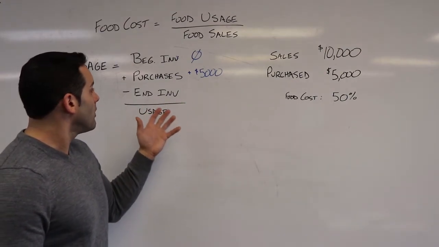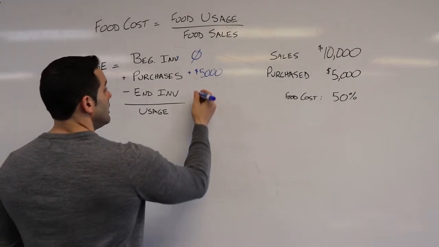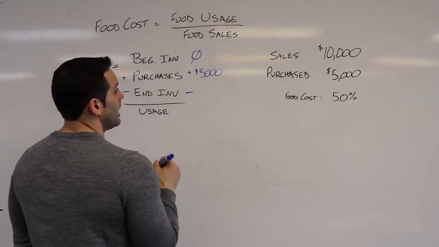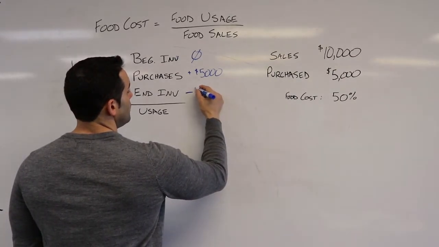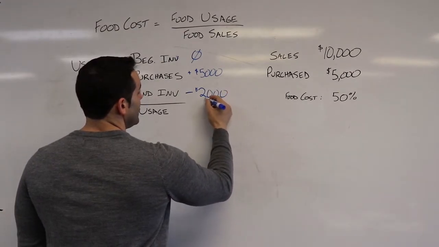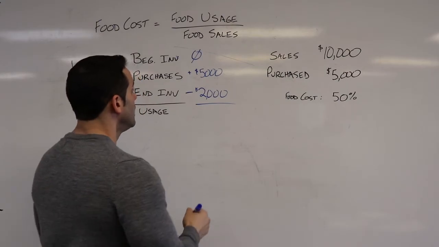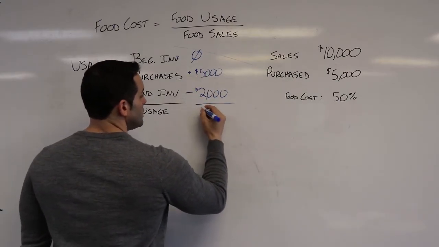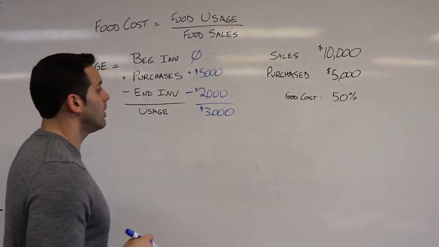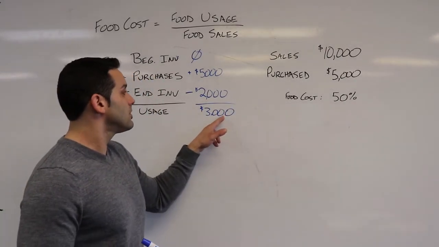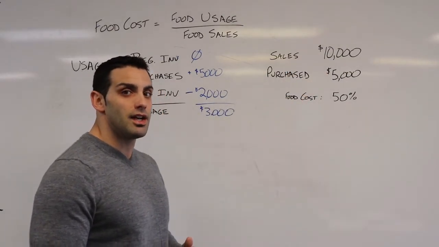But at the end of the week, I really want to see how much I had, the quantity on hand. So minus, let's say I had $2,000 worth of food inventory at the end of the period. Could be the week, the month. For this example, we're using the week. So that means 5 minus 2 is 3,000. So I used $3,000 worth of food to generate this $10,000 worth of sales.